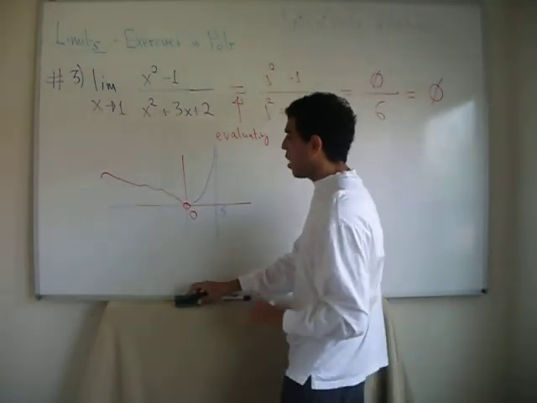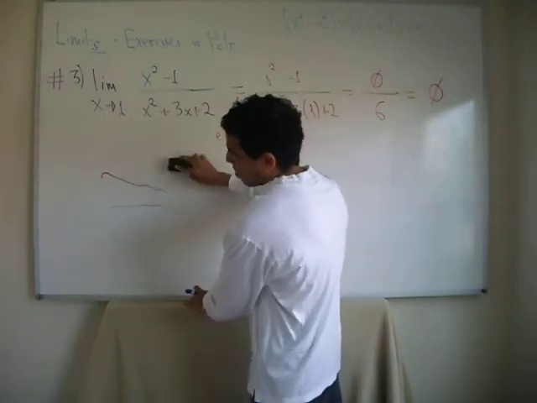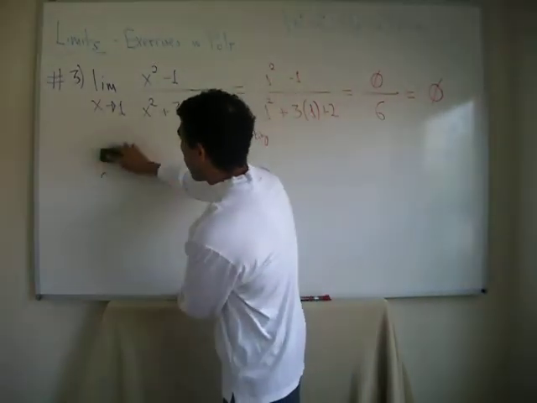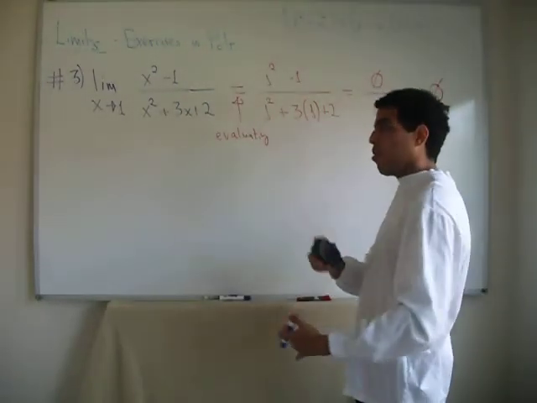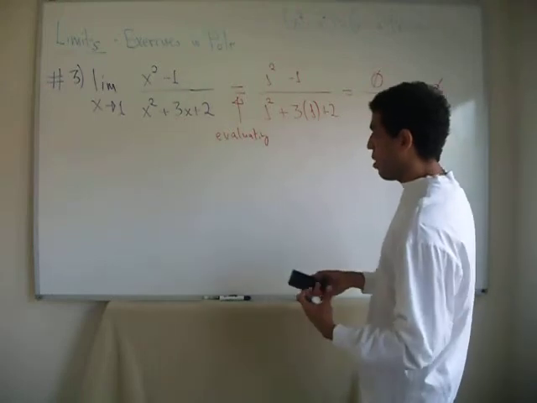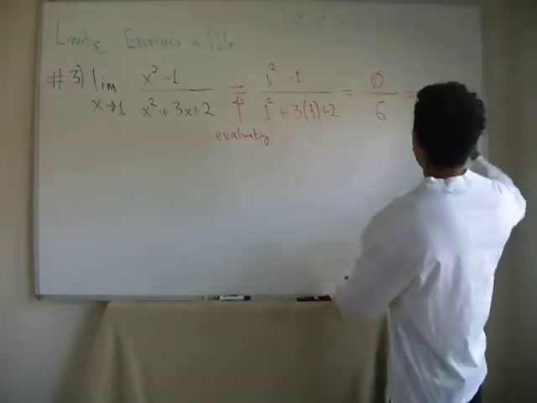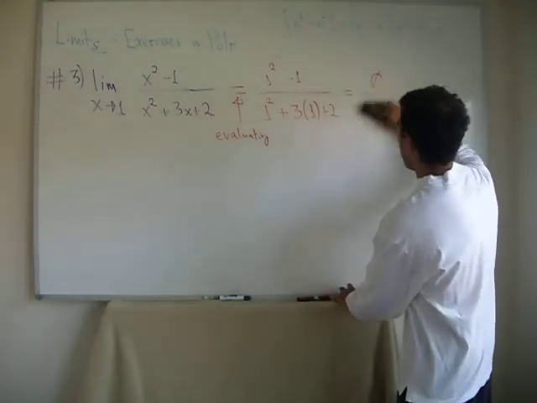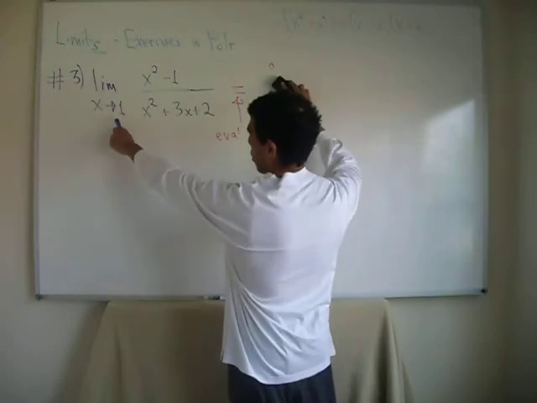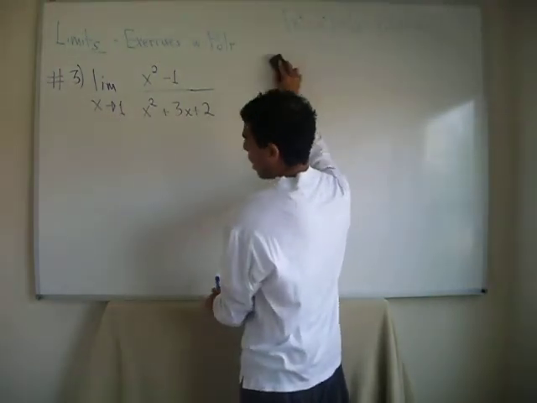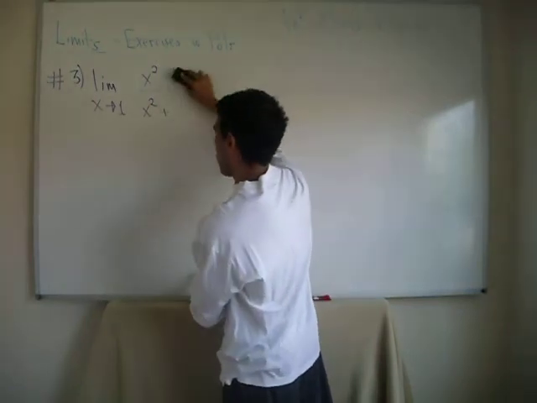We only have to work the limit when we have an indetermination, like 0 over 0 or infinity over infinity. Remember, a limit is the value of the function when it gets close to the variable it's asking. When x gets close to 1, the function gets close to 0.